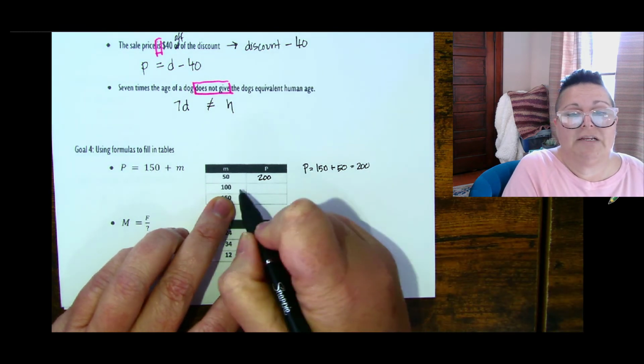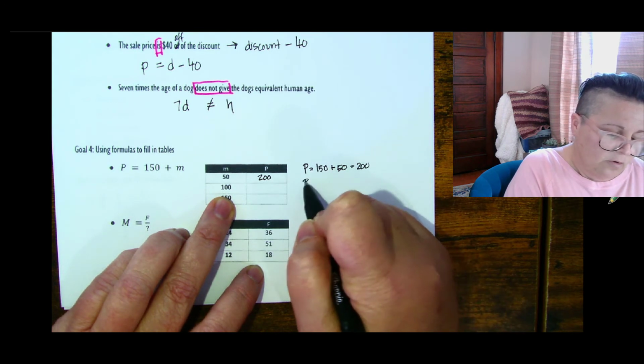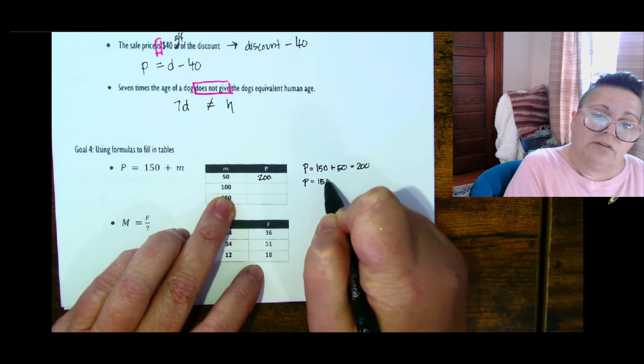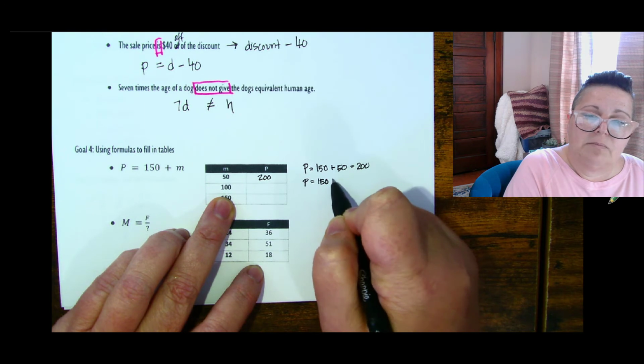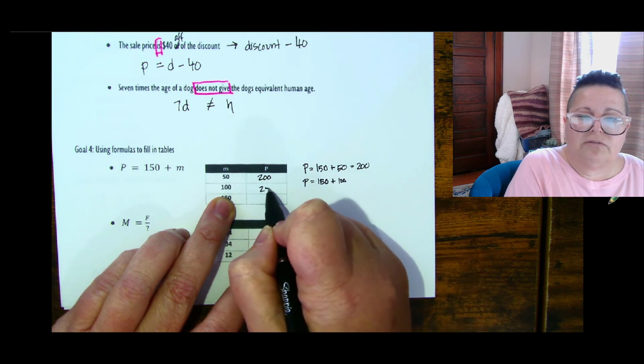Likewise, for the second trial, I'm going to see what happens when M is 100. So P would equal 150, that part stays the same, plus 100, which is 250.